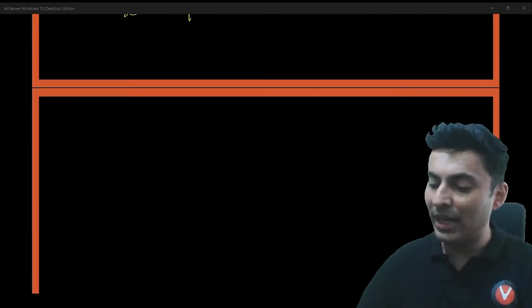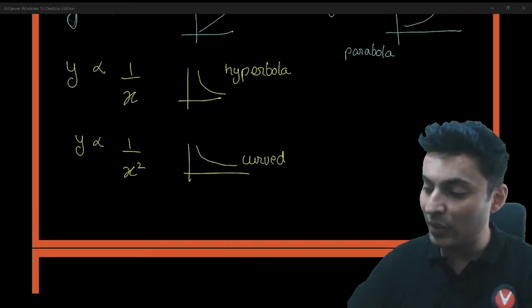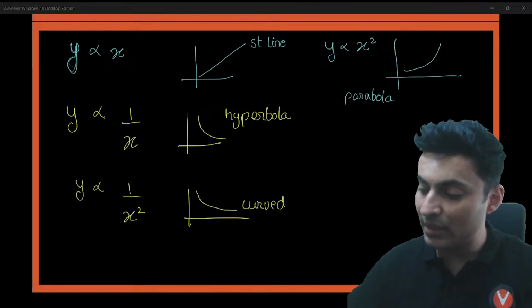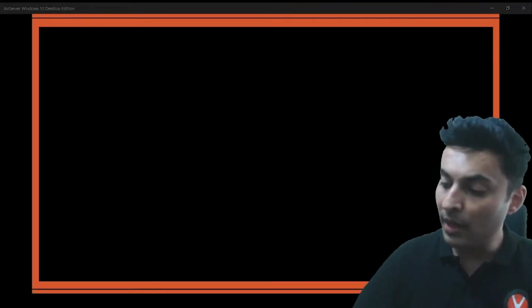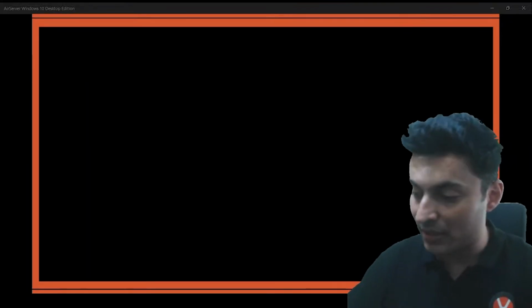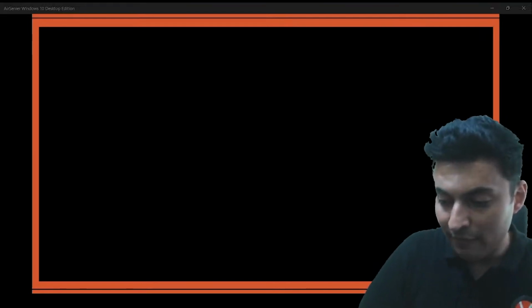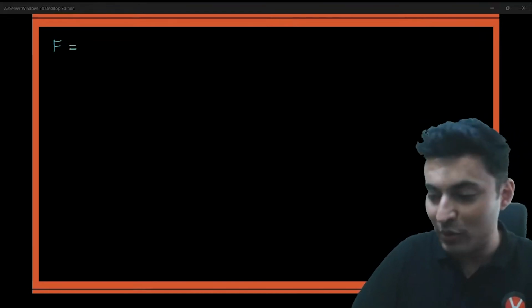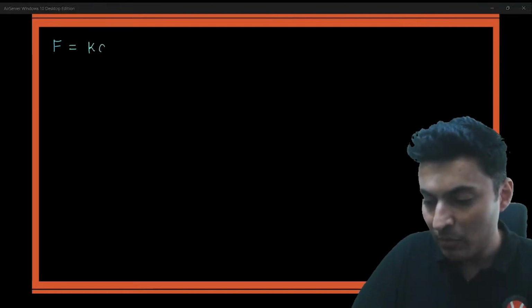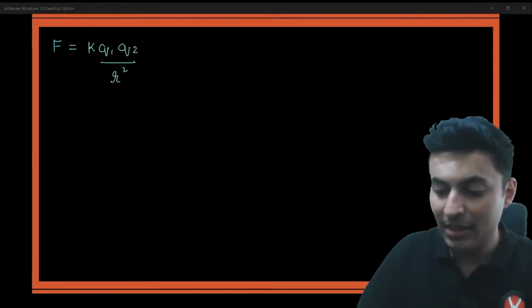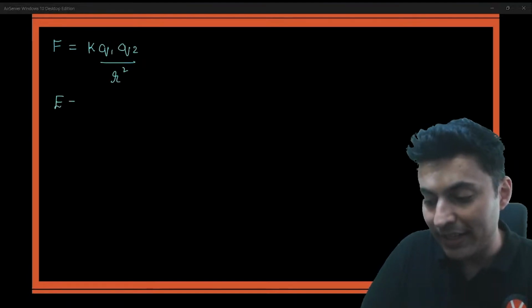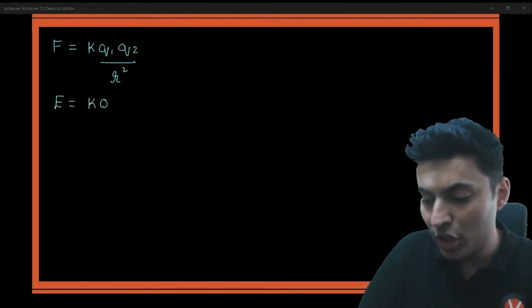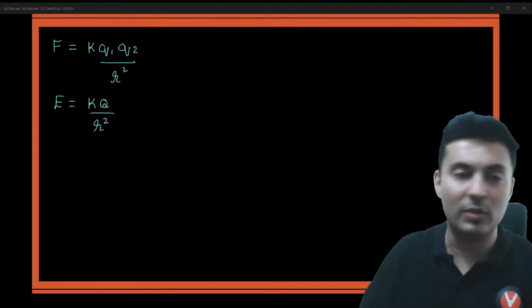Now you will understand why we did this, because you will see so many graphs associated with this particular concept. Starting off with, when we write the Coulomb's force, the Coulomb's force is nothing but K Q1 Q2 divided by R square, or the electrical field as K Q divided by R square.